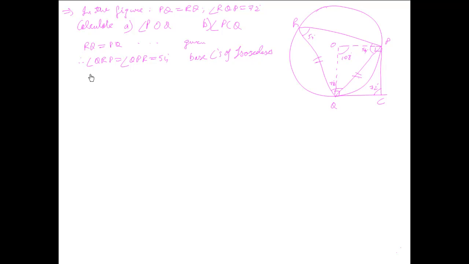Once you've got that, children, therefore angle QOP equal to 108 degrees, which is twice angle R. Angle at center is twice angle at circumference.